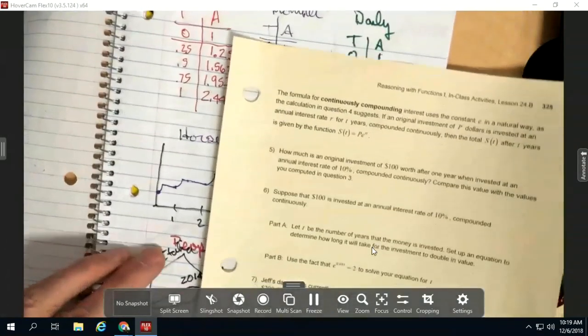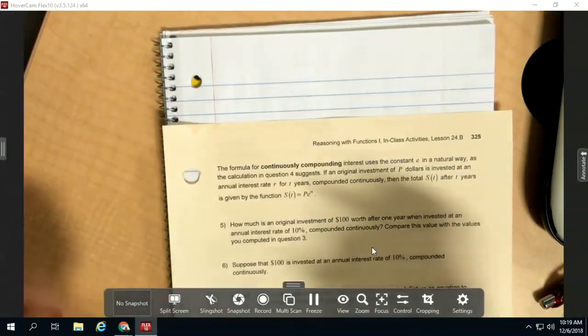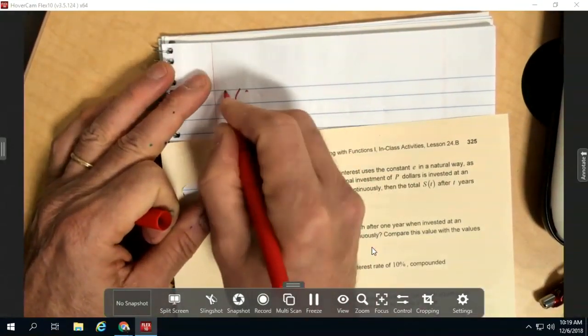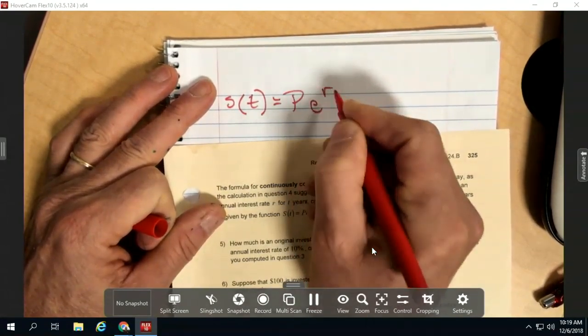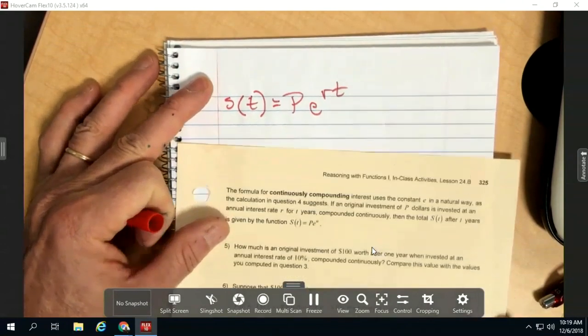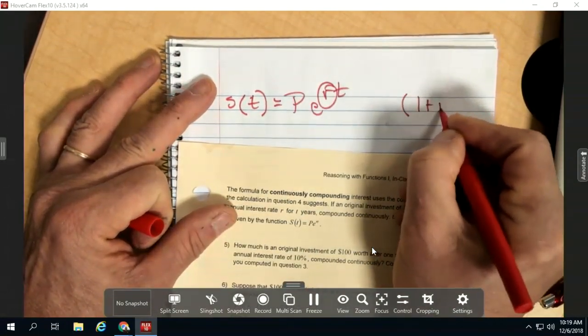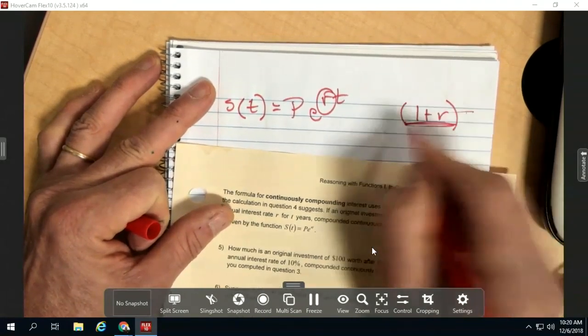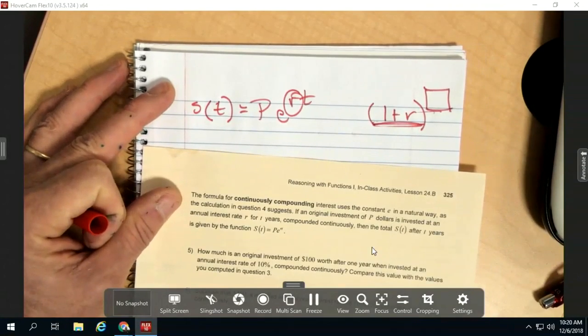So, number 5 talks about continuously compounded interest. The amount of money that you have in the bank after a certain amount of time is given by P times e to the rate times time. So in other words, the rate went from being 1 plus this r, in this section here, to suddenly being part of the exponent here.